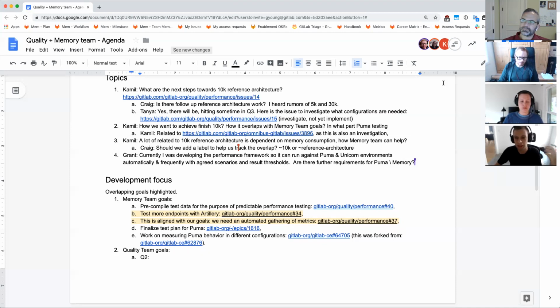These endpoints are based on a very specific customer using a very specific workflow, and there is pretty much nothing related to CI or other parts of the system. So do you consider these endpoints enough to build a 10K architecture?